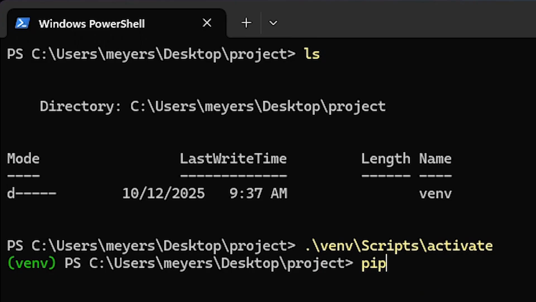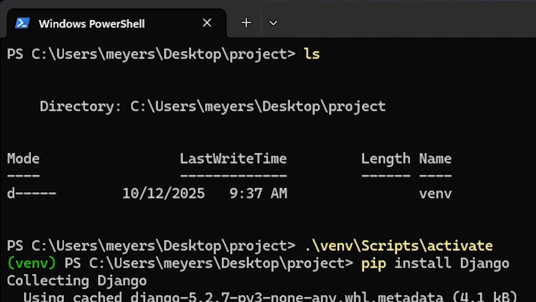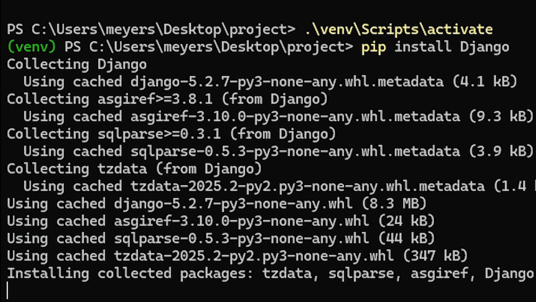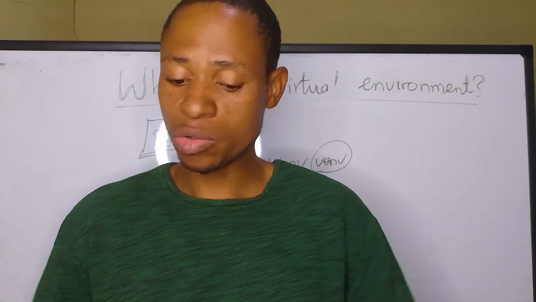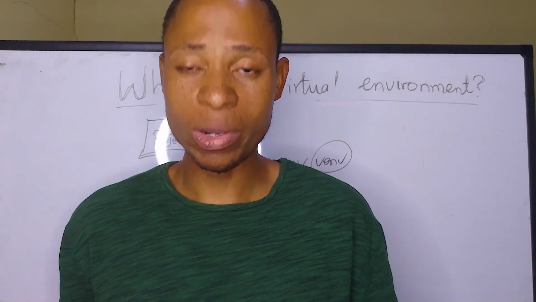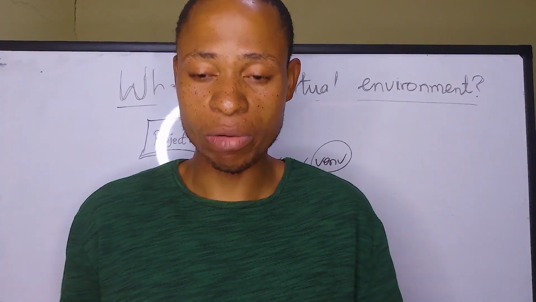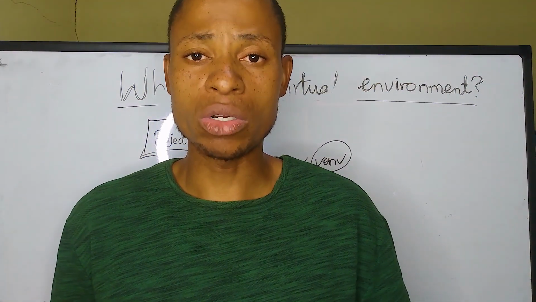For example, I'll say pip install django. If I want to use the Python library called Django, I have to install it inside the virtual environment. Do not install dependencies globally onto your machine. Once you do that, it's going to install on your local machine, which means every time you want to work with a project, it's going to use that global installation, which is not good.